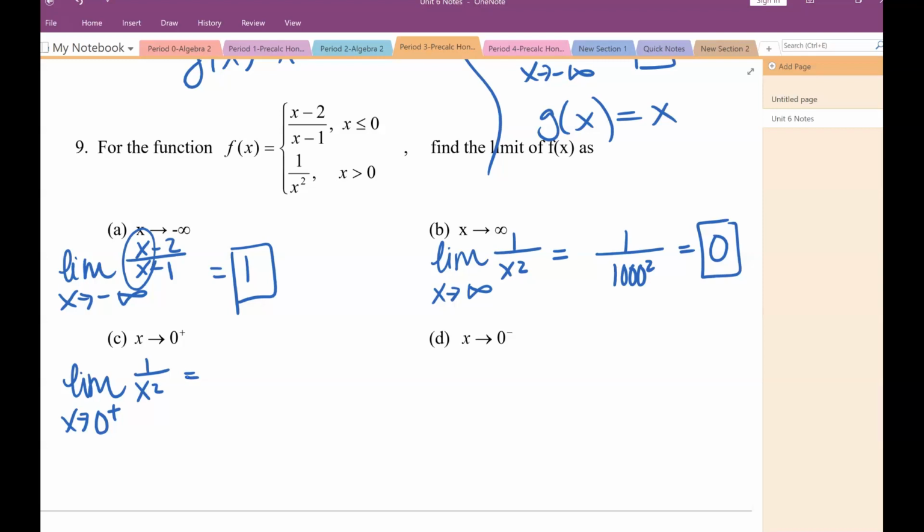Is it 0? No? I can't substitute 0. What are we going to think? Substitute something closest to 0 on the right side, like 0.000001, something super tiny and positive.